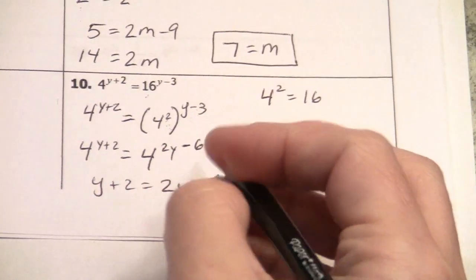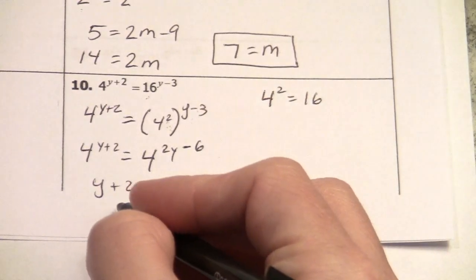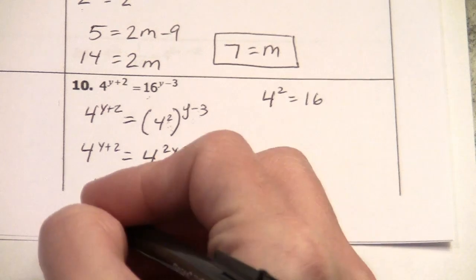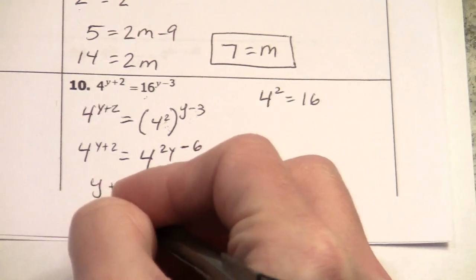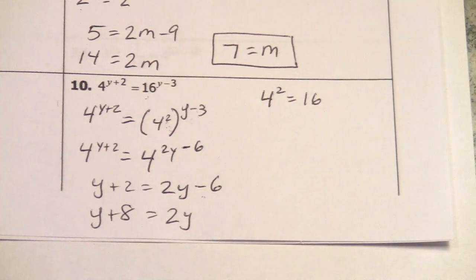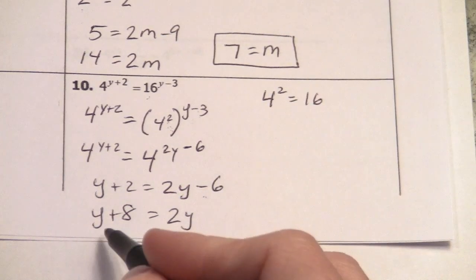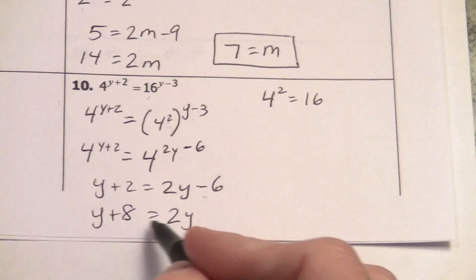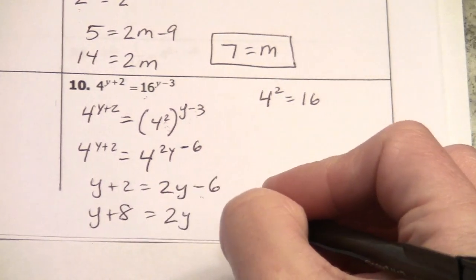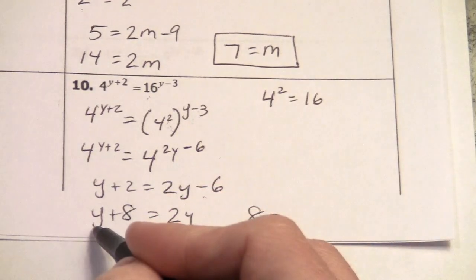And now let's add 6 to both sides. If we add 6 here and here, this is going to become y plus 8 equal to 2y, and we added 6 and got rid of that. And now we're going to subtract this y from both sides, leaving us with an 8 all by itself equal to y.